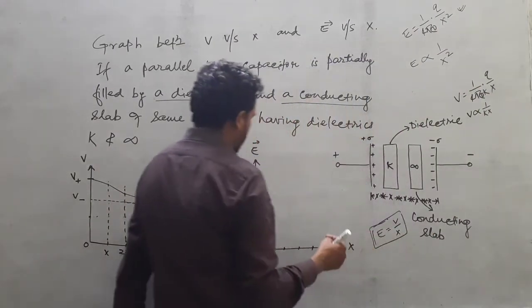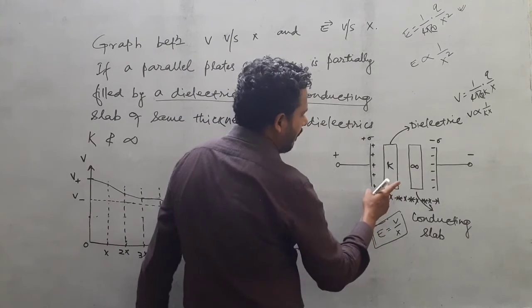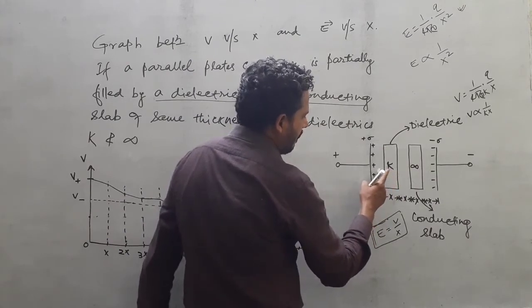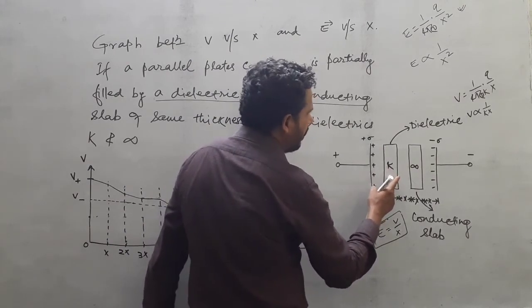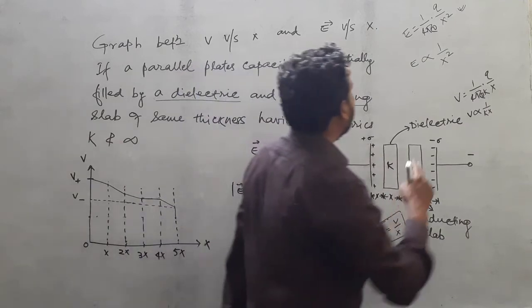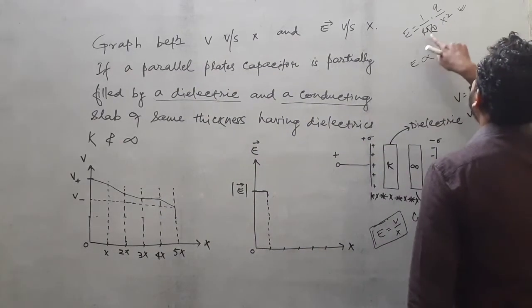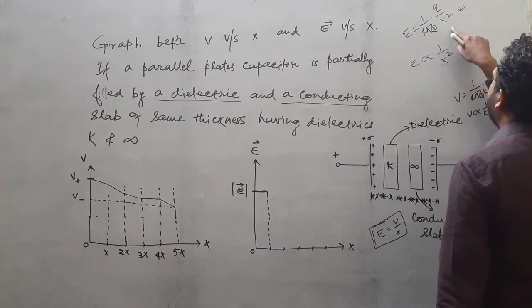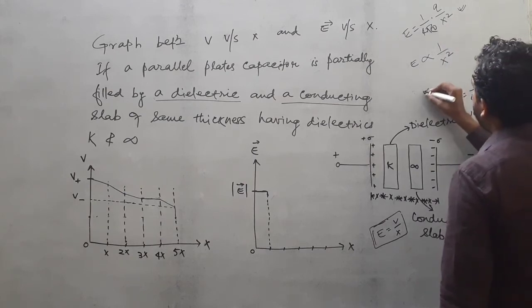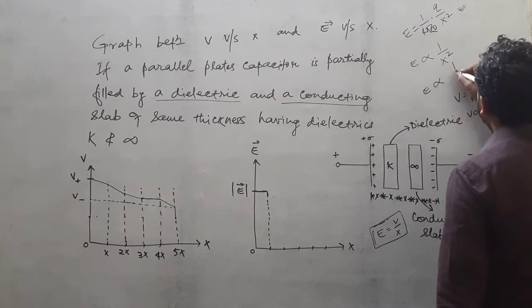Now when it enters from free space to this dielectric, what happens here? There is 1 by 4 pi epsilon naught k times q by x square. That means E will be inversely proportional to k times x square.